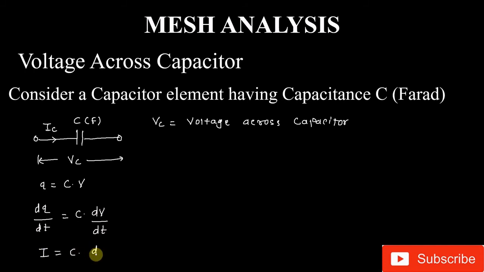So I is equal to C into dV upon dt. From this equation we can easily write V is equal to 1 upon C integral I dt, because we have to integrate. So we can write this as VC, the voltage across the capacitor, and this I will be IC, and this first equation will give you the values of VC. So we have derived the voltage across the capacitor equation from the current equation.